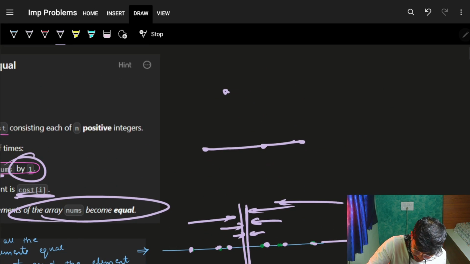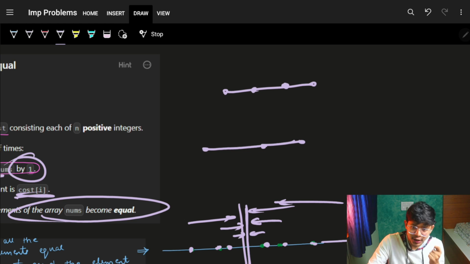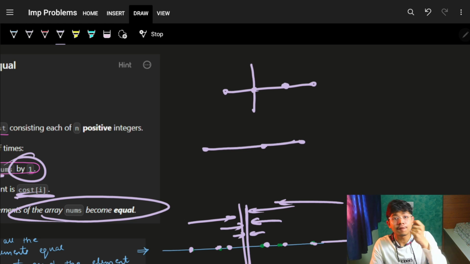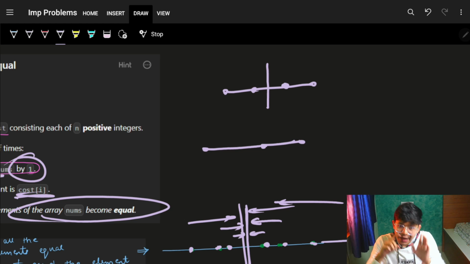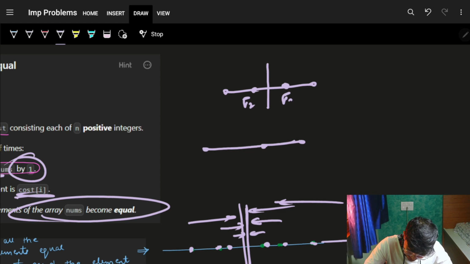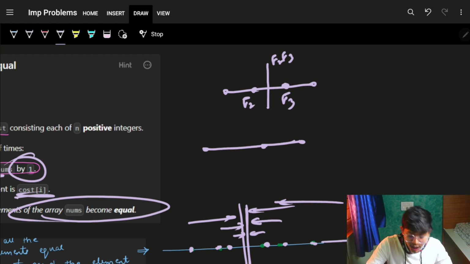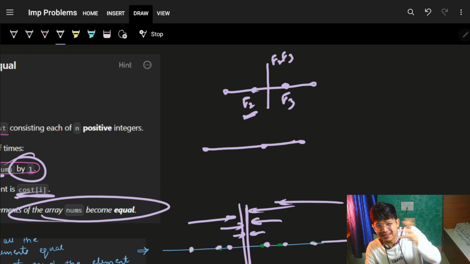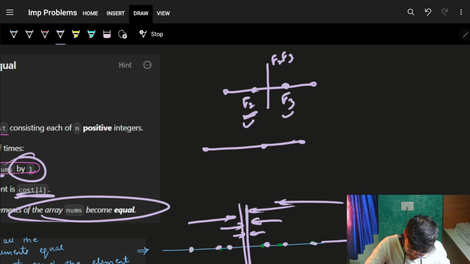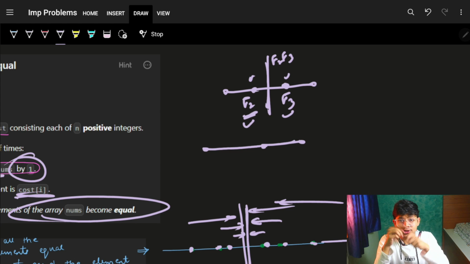If I had four friends, I can bring everyone to the friend 2 place or the friend 3 place, or maybe the mid of friend 2 and friend 3. Every way, all of them will have the same answer, because everyone has to travel that particular distance. So either you bring them to the median or to the end elements of the median.